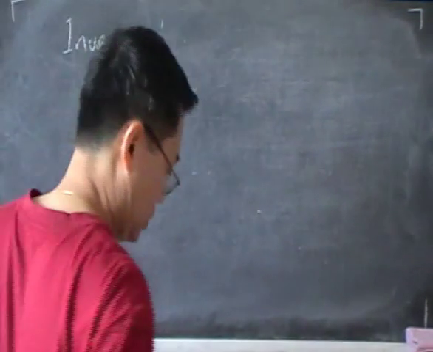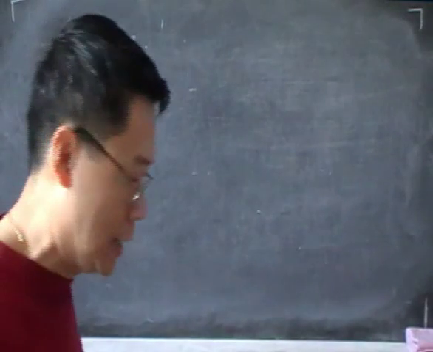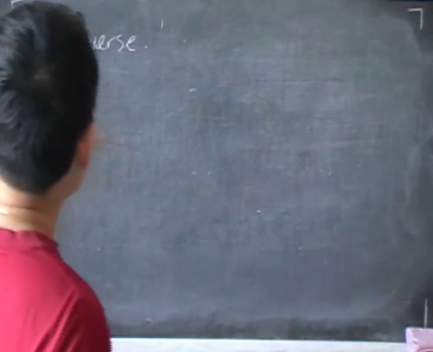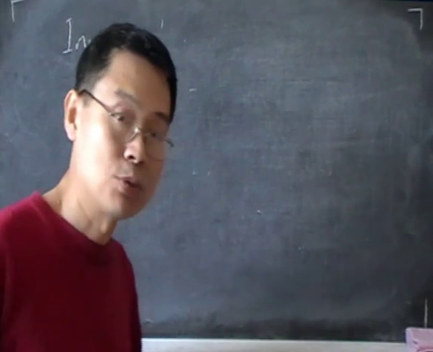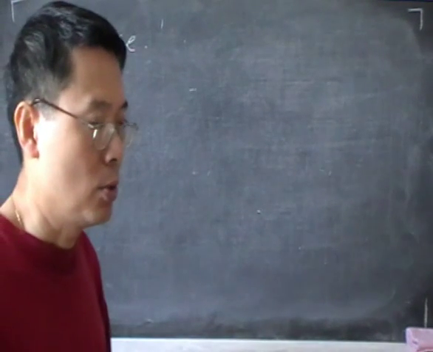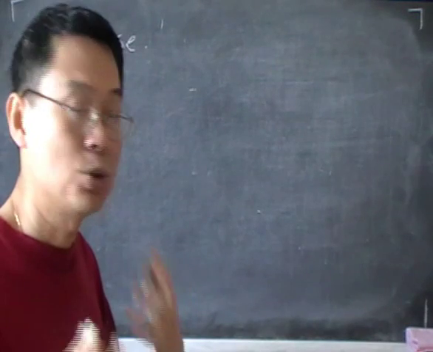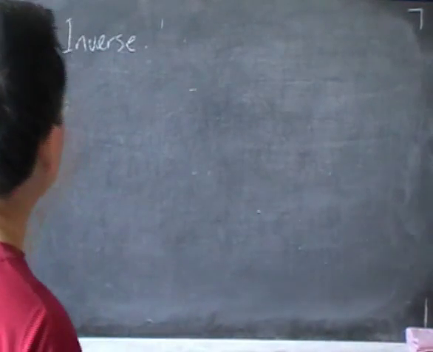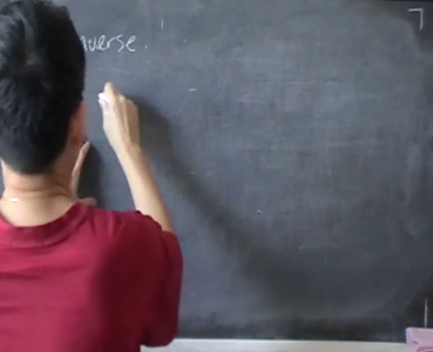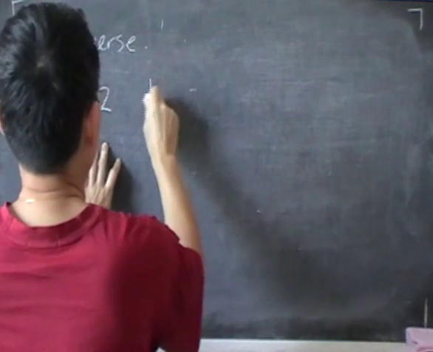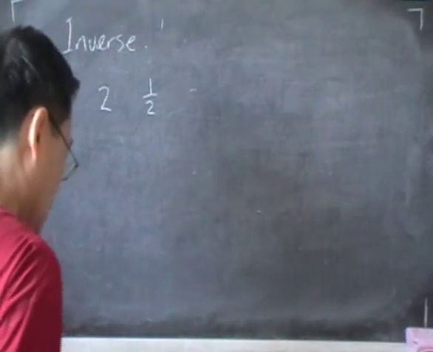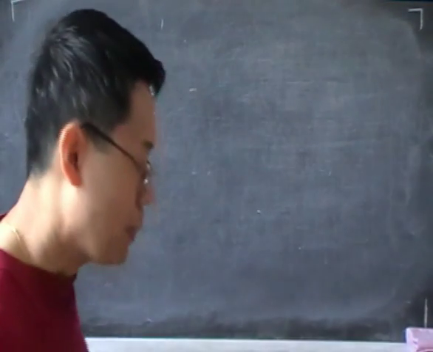But there is something related to division that we are going to look at. It's the idea of an inverse. Now, for numbers in arithmetic, we sometimes use the word inverse. If, for example, we have a number, then we can think of the inverse of 2 as 1 over 2. Now we have to be careful here again.